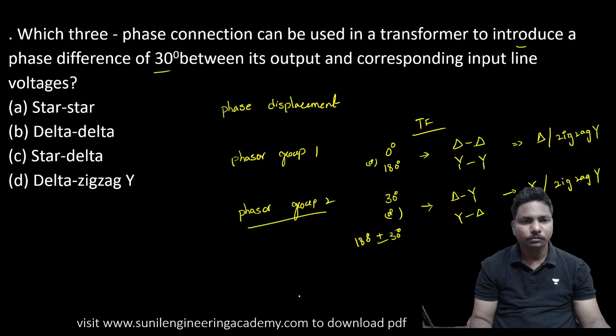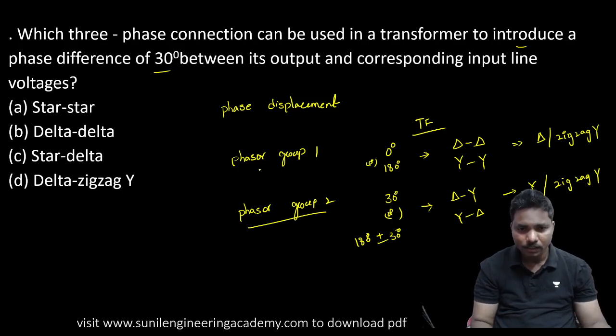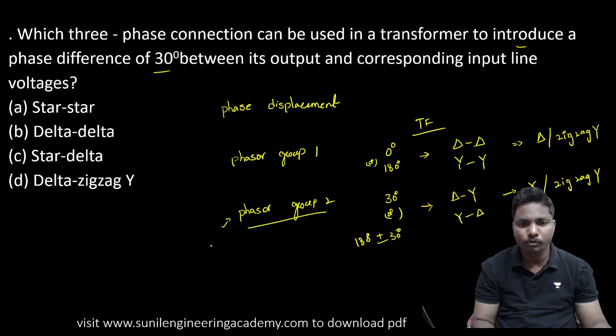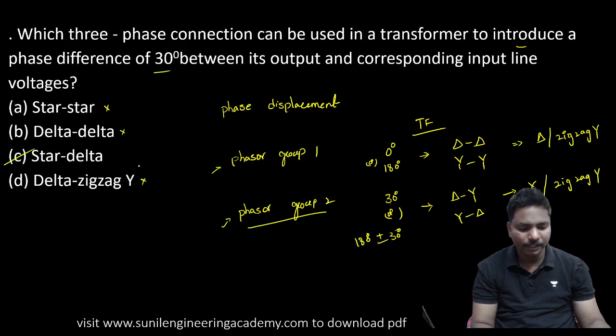If you are going to operate in parallel, we have to use the two transformers in phasor group 1 or phasor group 2. Here the question is a phase difference of 30 degrees, which is possible with delta star or star delta. Star star is 0 or 180, delta delta no, delta zigzag star no, that is 0 or 180. In case of star delta or delta star only, we have 30 degrees phase displacement. So the answer is option C.